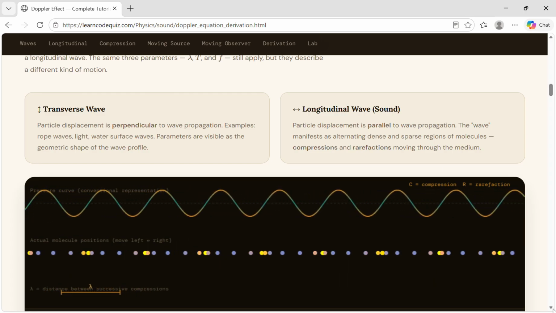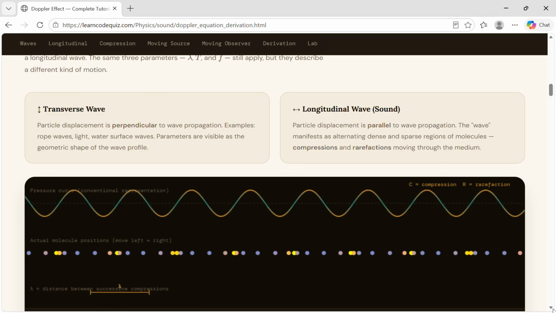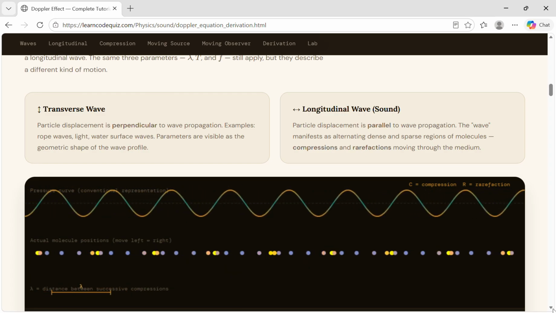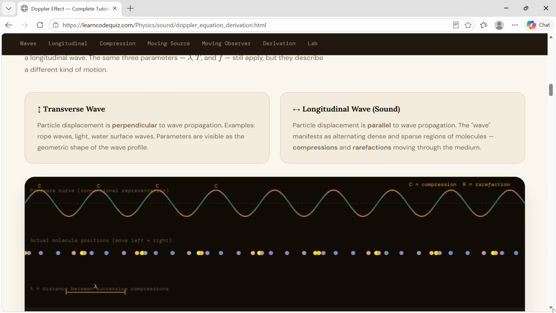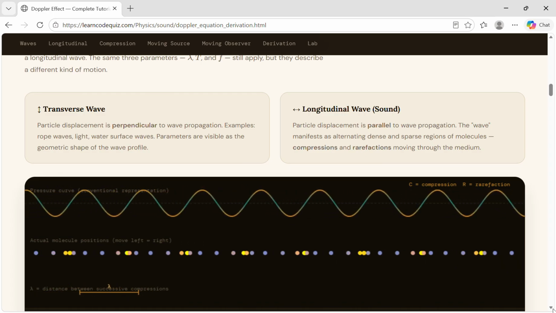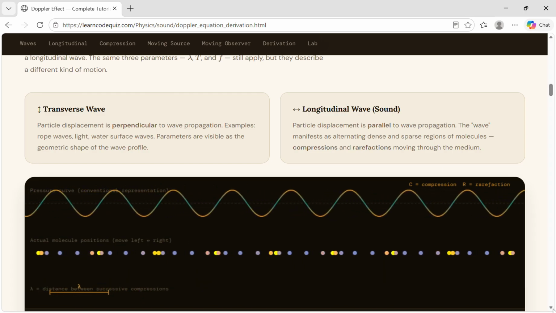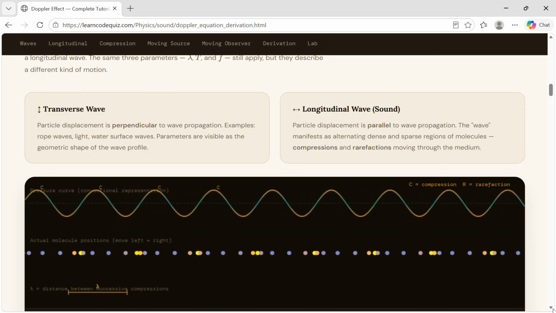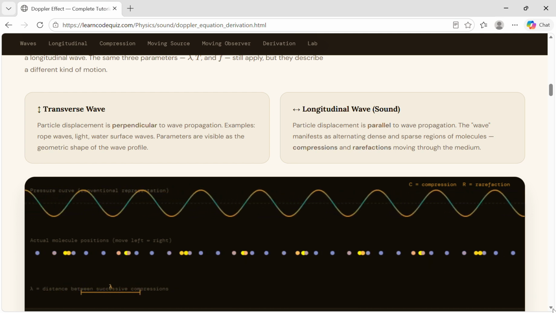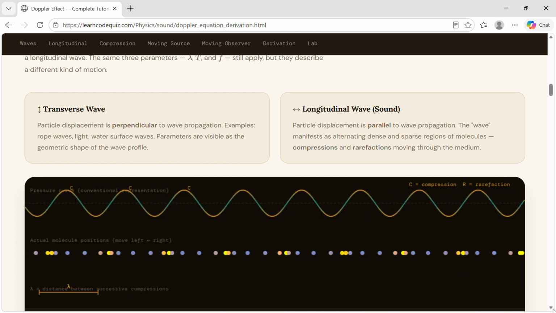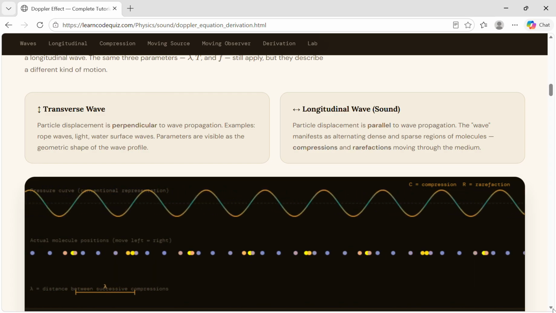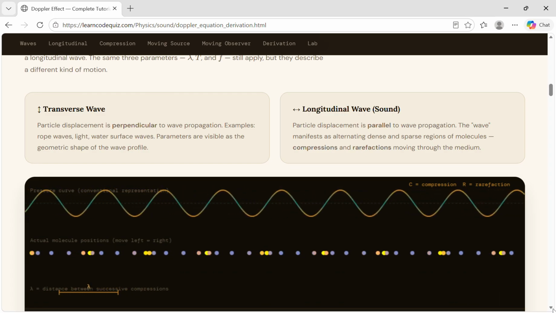But in longitudinal waves, for example a sound wave, when you produce sound, you compress or rarefy the air molecules, and those air molecules move along the direction of propagation of the sound. So they oscillate along the direction of propagation. They do not travel, they oscillate.